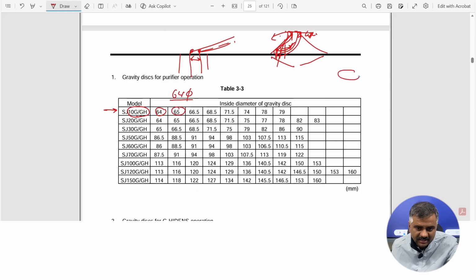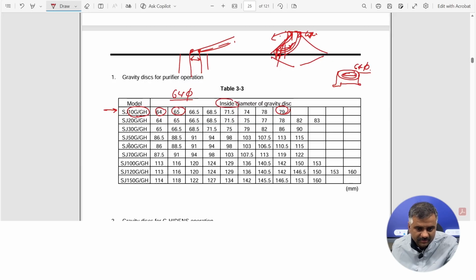As we can see, the gravity disc will look somewhat like this. So this is the internal dia we are talking about, 64 mm, 65 mm, 66 mm, up to 79 mm can be the maximum inside diameter of the gravity disc for this model.